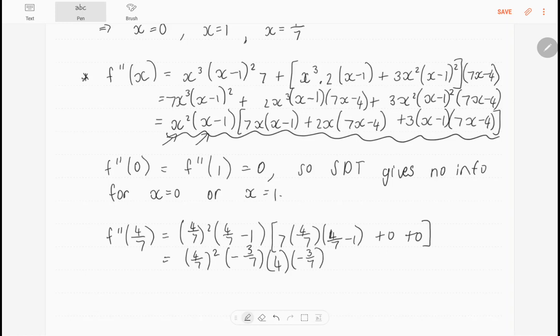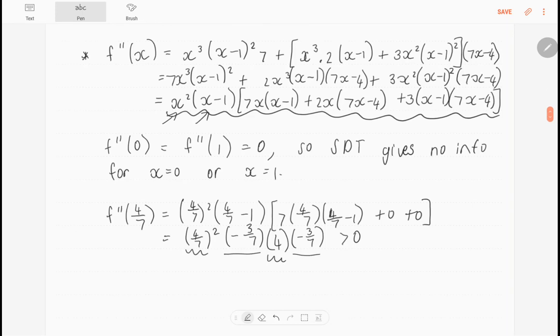So we have a positive and a positive and a negative and a negative. So the entire thing is going to be positive. And if the second derivative at a value is positive, what does that say about the original function at that value? Well, it means that there's a local minimum at x equals 4 over 7.